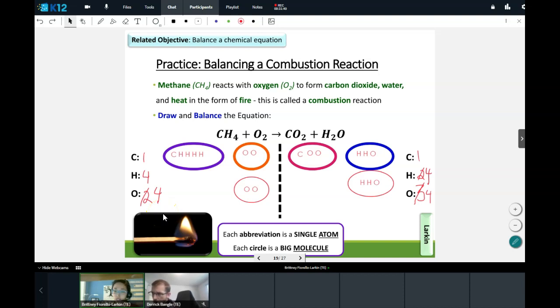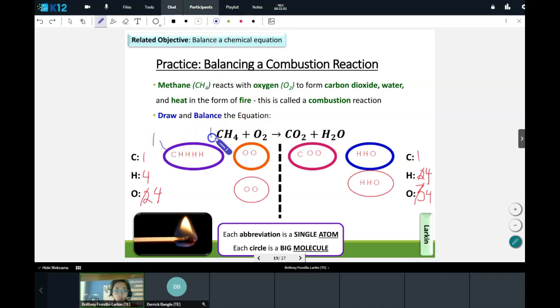The last thing we need to do is now just fix the coefficients, the big numbers. So remember, big circles equals big coefficients. So tell me, how many big circles of CH4 do you see here? Big purple circles here. Yeah, you should just see 1, right?